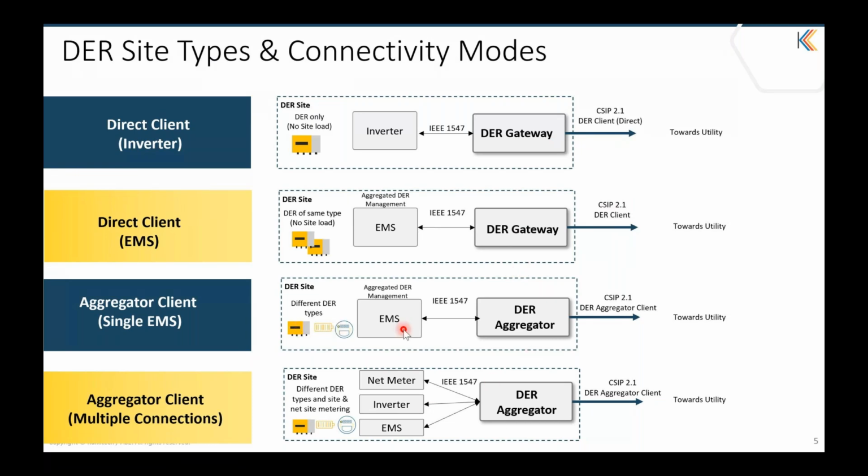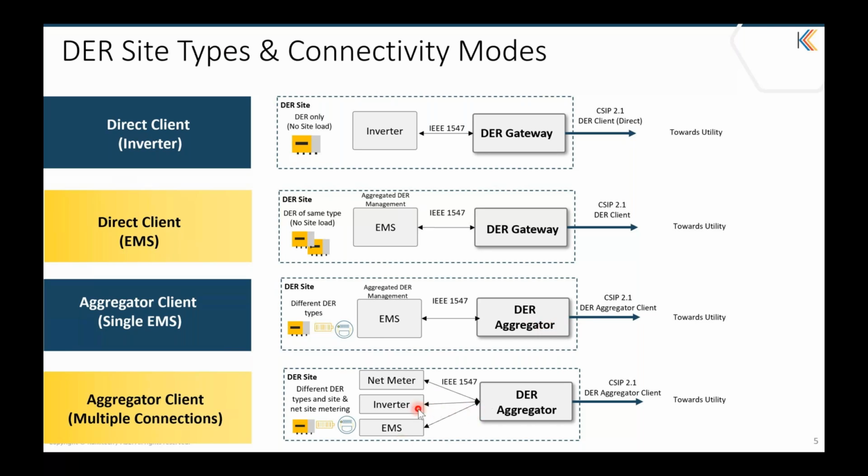That's of two types. In the aggregate interconnection option, you can have the EMS connecting to different types of DER assets, could be battery, PV, loads or EV chargers. Multiple equipment can be connected to the EMS, and the EMS can aggregate all the device data and send it to the utility, either directly or through a DER aggregator. It could be a gateway, or it could be third-party DER aggregator software.